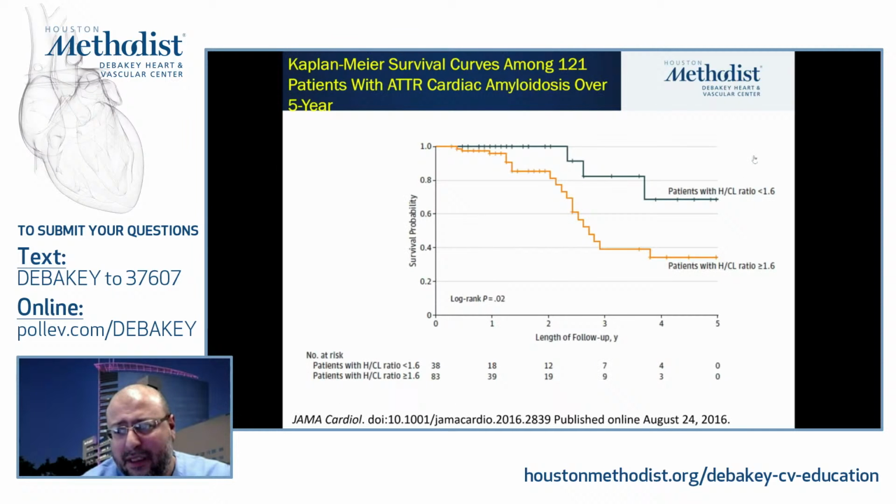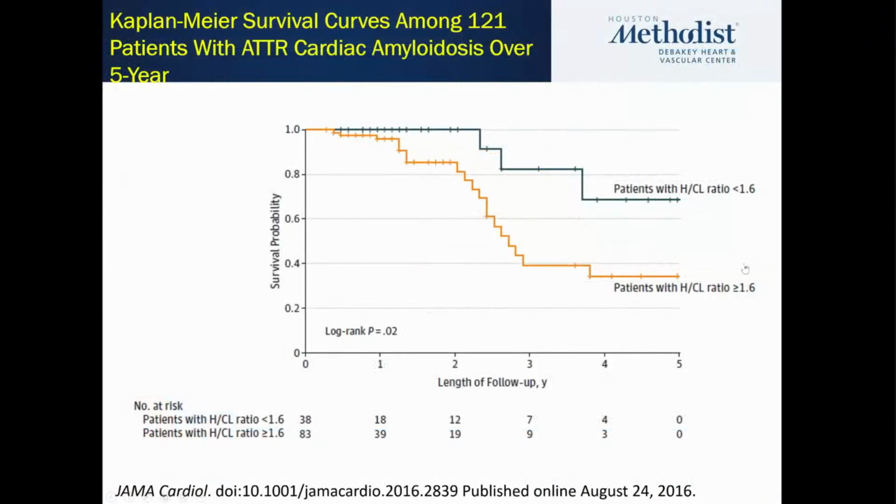Now, it even predicts outcome. If you have a heart to contralateral ratio less than 1.6, then it is a better prognosis compared to those who have more than 1.6 in terms of prediction of all-cause mortality.